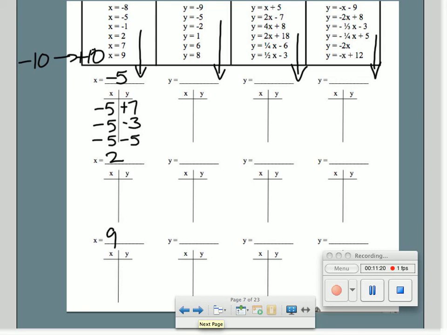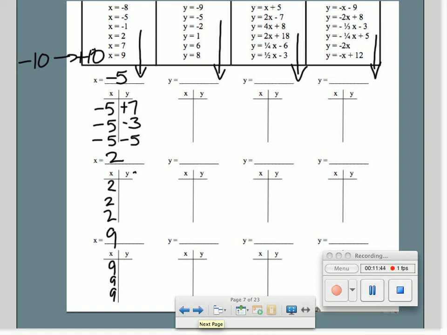The next one. Shockingly, I'm going to have 2, 2, and 2. Again, I want at least 1 positive and 1 negative for the rest of your y. 1 positive and 1 negative, and the 3rd is totally up to you.